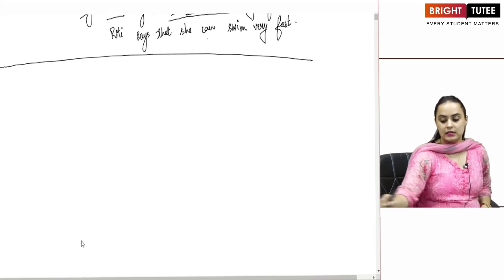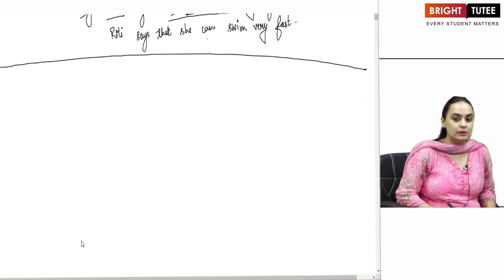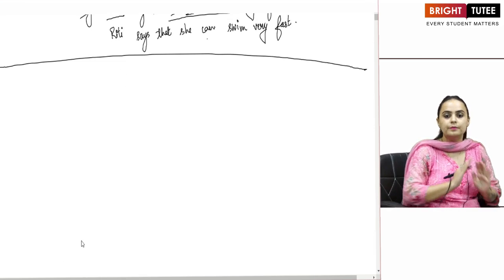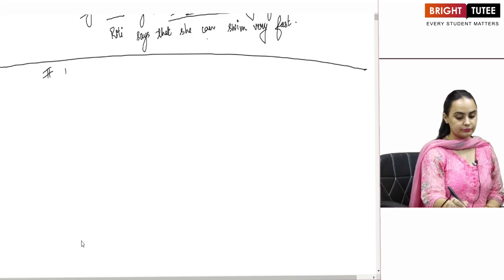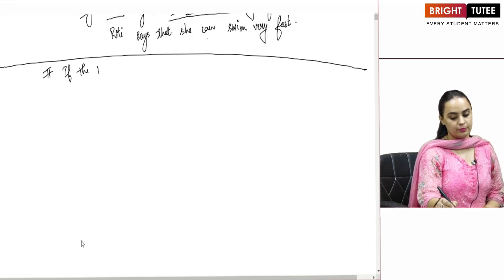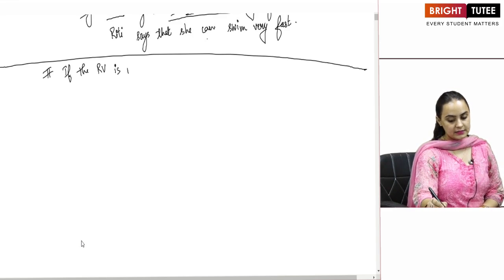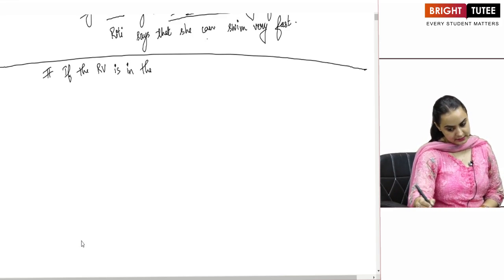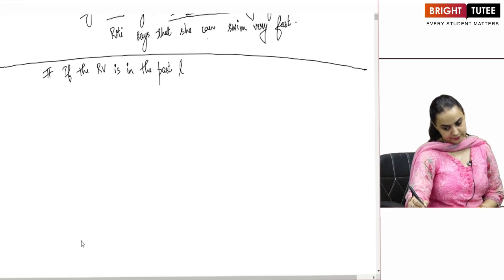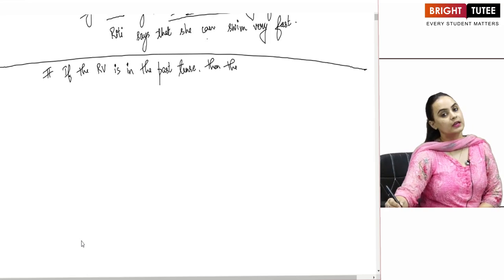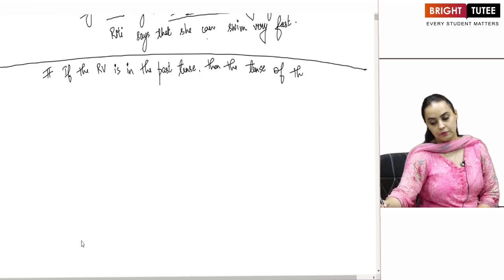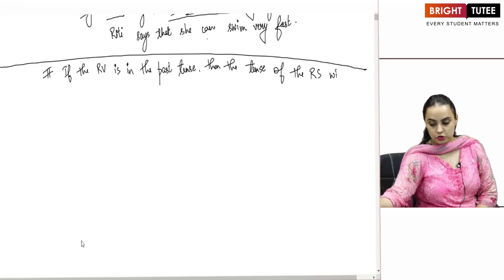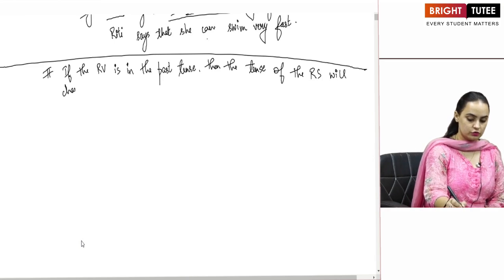We learnt that if the reporting verb is simple present, simple future, no changes in the reporting speech. But if the reporting verb is in the past tense, then the tense of the reporting speech will change.